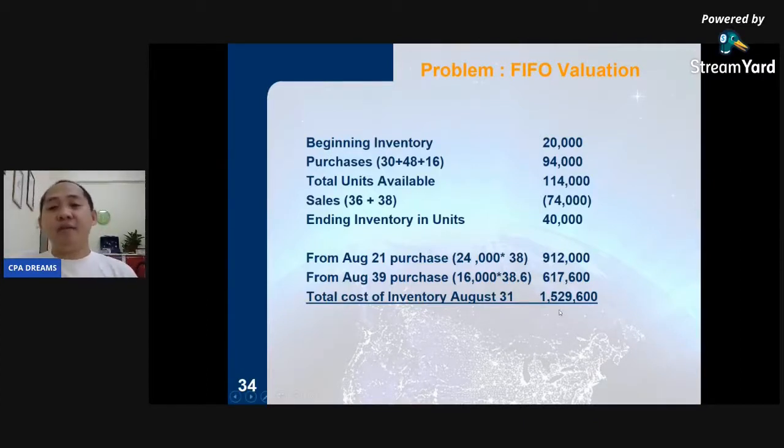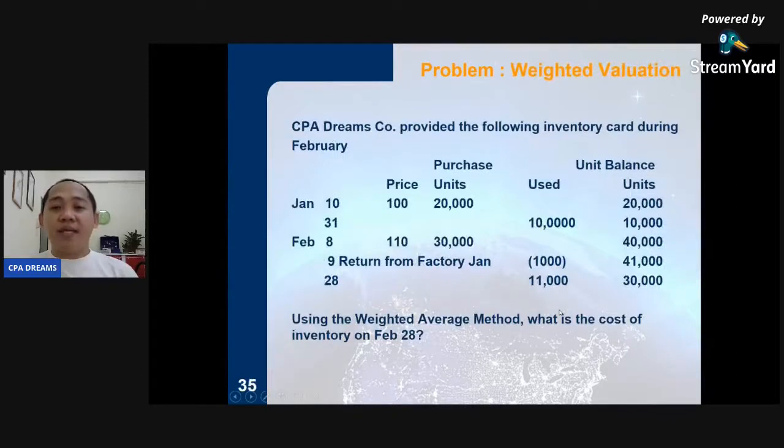Okay? Now, punta tayo sa weighted valuation. CPA Dreams Company provided the following inventory card during February. Madali lang din, weighted average method. Ang tanong is, what is the cost of inventory on February 28? January 10, meron kang purchase is 20,000 units at 100, and then ang nagamit mo is 10,000.